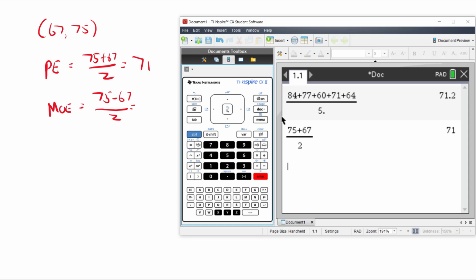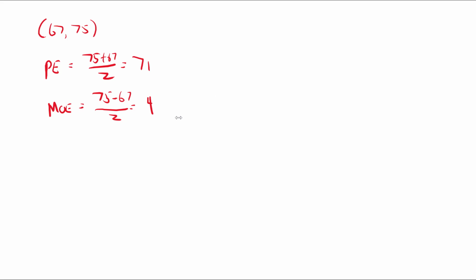Just to make this a little bit easier, let's push up twice, enter, since we're just going to take this and make it minus, we should get 4. So in other words, that's giving us the values that we use. Therefore, it's telling us that our point estimate was 71, and our margin of error was 4, which we came up with.